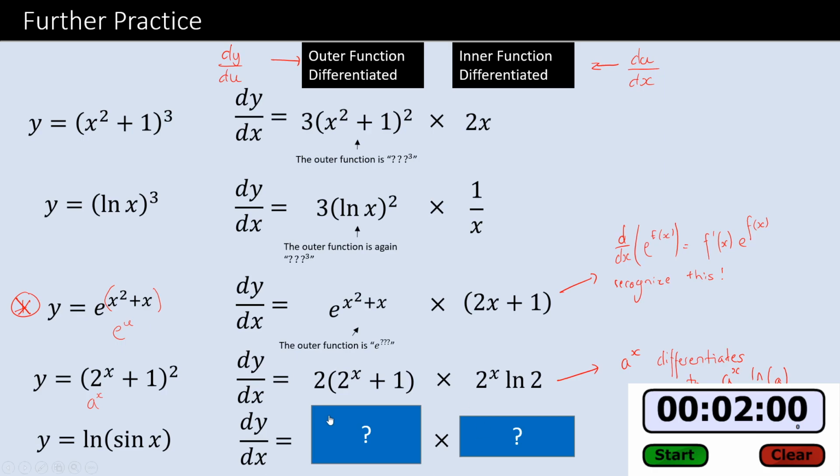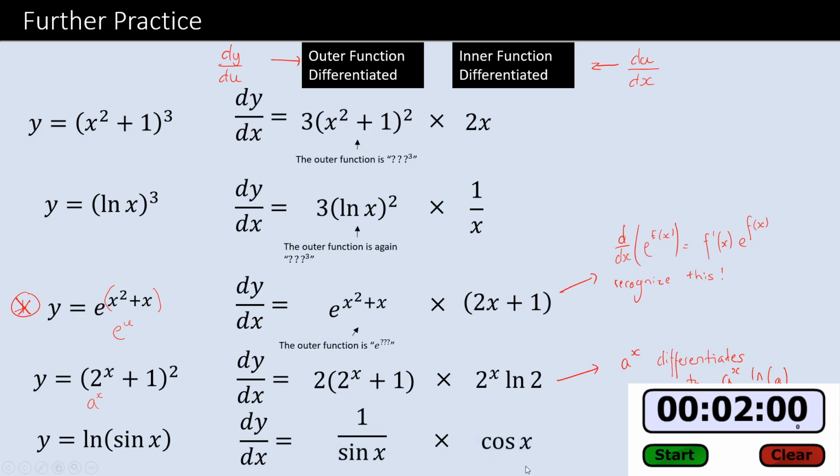Now, if you got 1 over sine x times cos x, you're good to go. If you wrote 1 over x times cos x, remember that whatever's in that bracket sticks with that outer function differentiated. So that sine x should stick with the outer function differentiated. It becomes 1 over sine x.